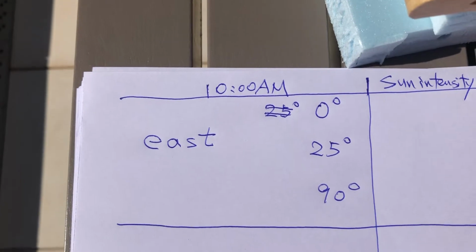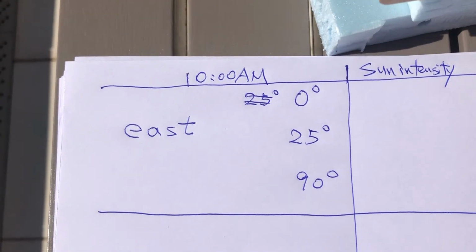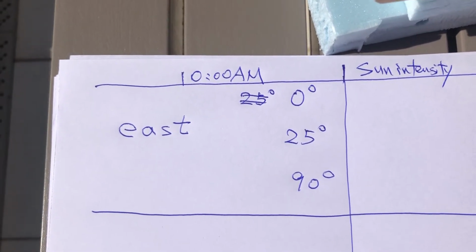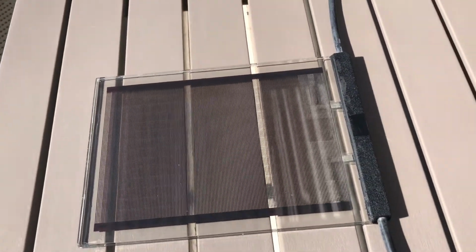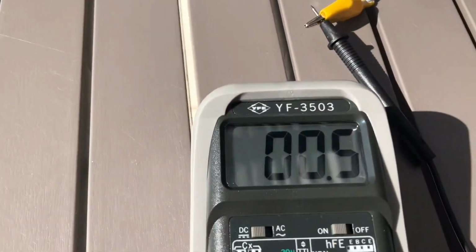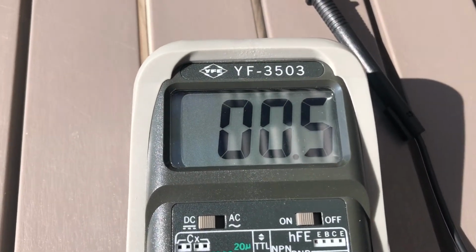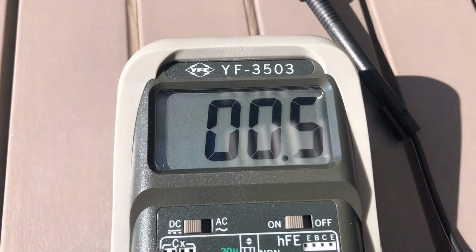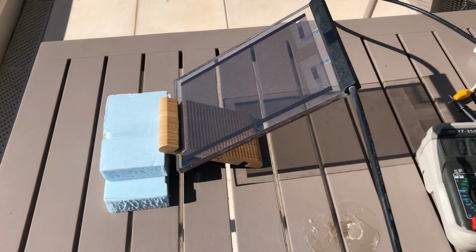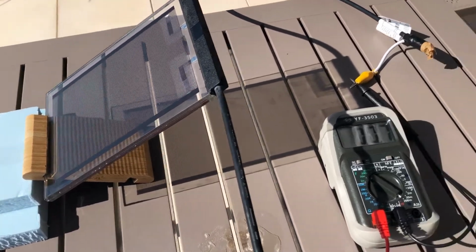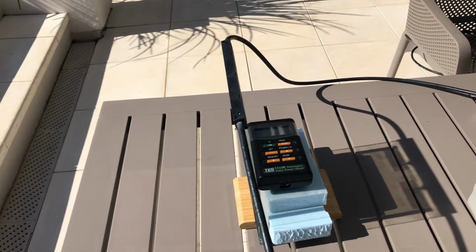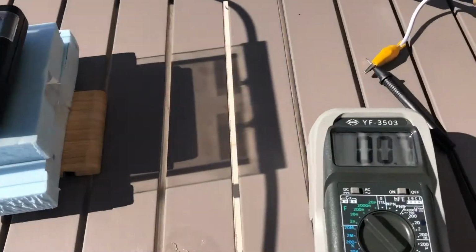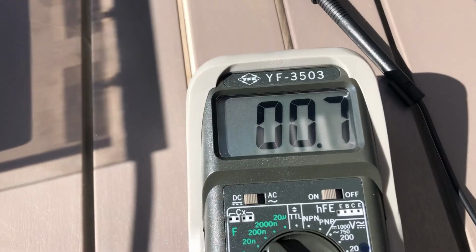And now it's 10 a.m. We will measure east: 0 degree, 25 degree, 90 degree. So horizontal 0 degree, the current is 0.5 amp. We measure 25 degree, current 0.7. We measure 90 degree vertical, current 0.7.